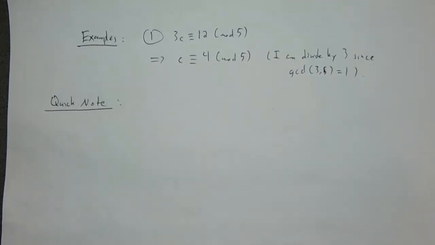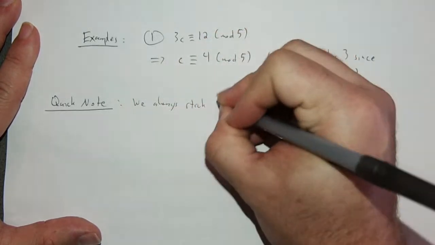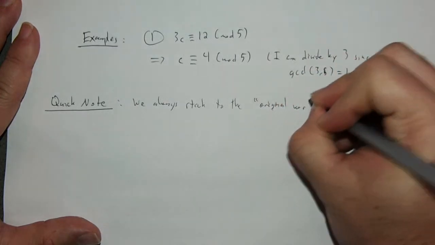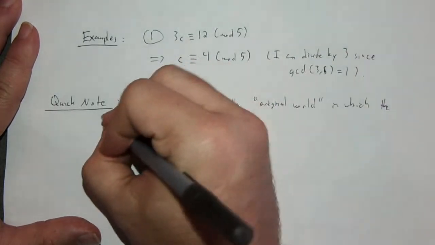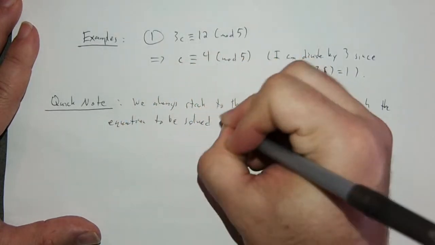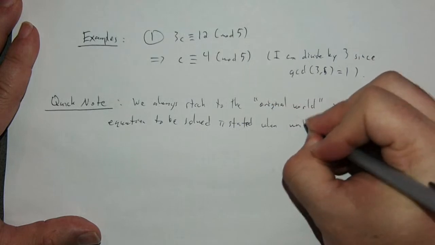Okay, so the question is, if I ask you for a solution to a modular equation, what do I mean? The convention that we'll use is you always give the solution in the same world. So we always stick to the original world in which the equation to be solved is stated when writing the solution.